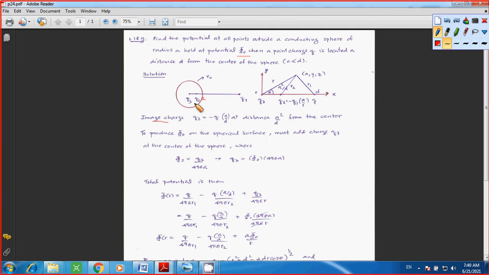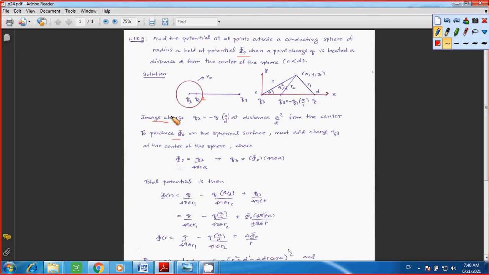For the image charge, your q2 is going to be negative q a over d, where a is the radius of the sphere, and d is the distance of the point charge q1 to the center of the sphere, and the position of q2 is a squared over d. Now, to produce phi 0 on the spherical surface, we must add charge q3 at the center of the sphere. Now, look at this equation.